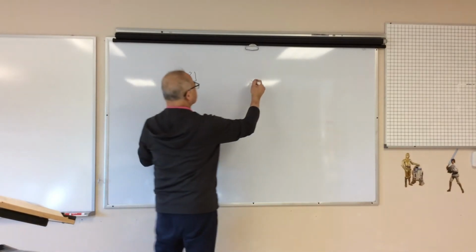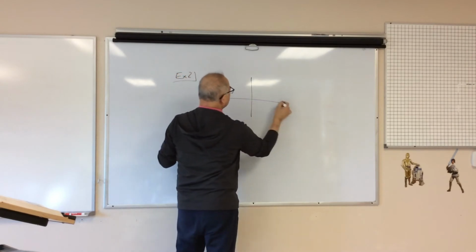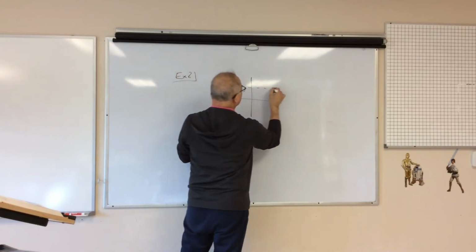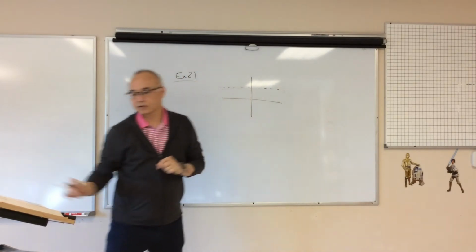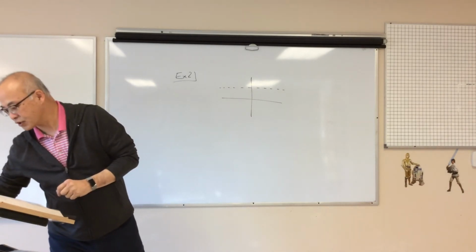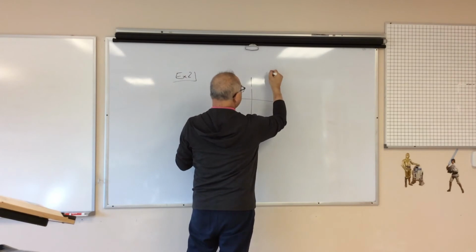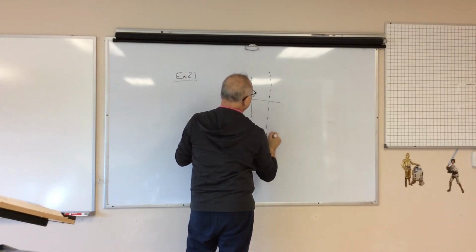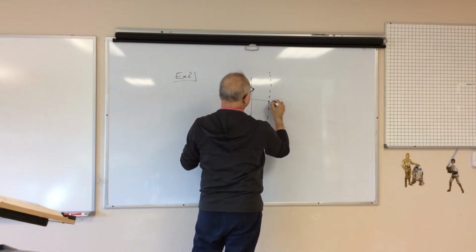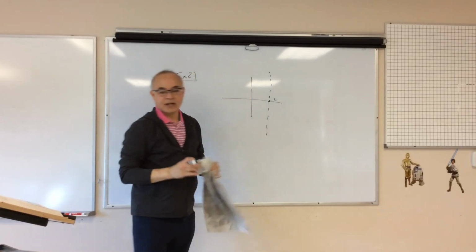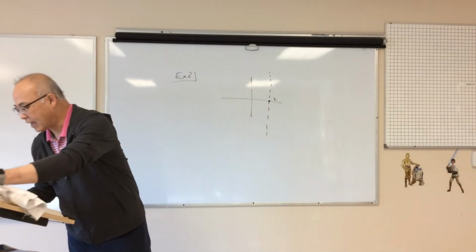So, they're giving me the directrix. Directrix is x equals 2, not y equals 2. It is x equals 2, so that's 2. That's the directrix.